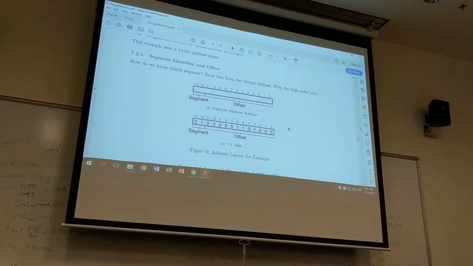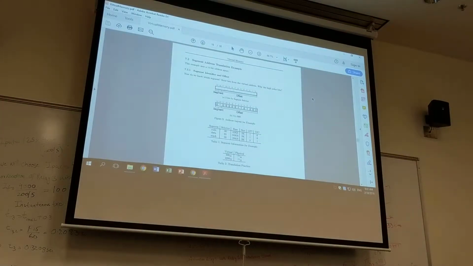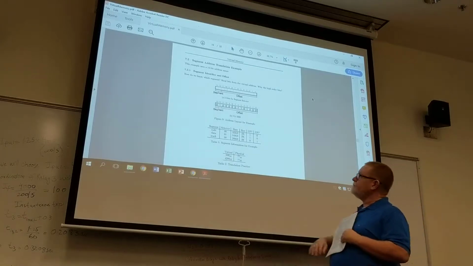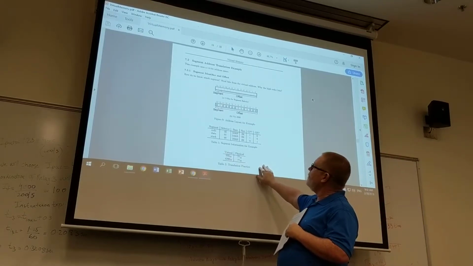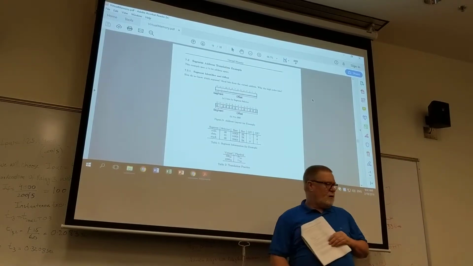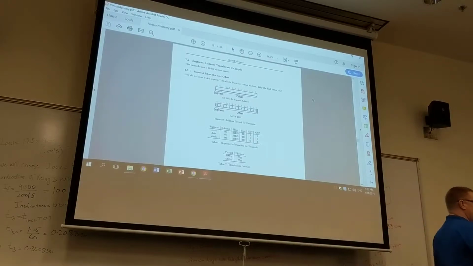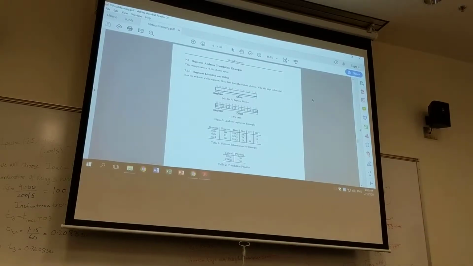Address translation. One of the things that we need to think about is, when we do a translation, now that we have multiple segments, how are we going to identify which segment we're in?